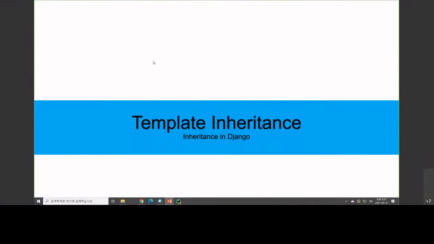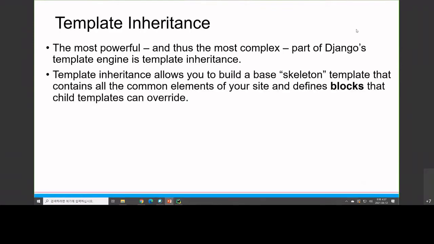So, the template inheritance. When we talk about inheritance, it's a concept from object-oriented programming. We have the super, or we have the sub. We can say superclass, subclass. In Django, there is a template engine, and we call it template inheritance.